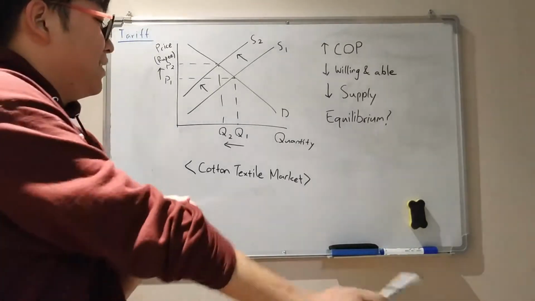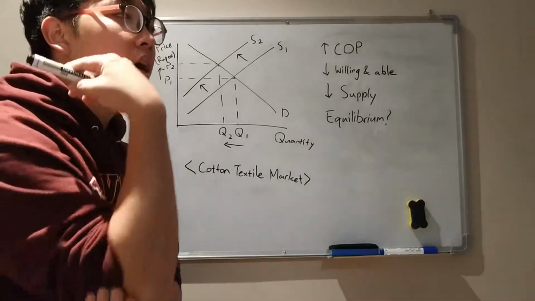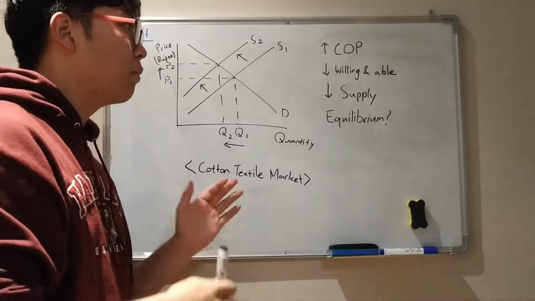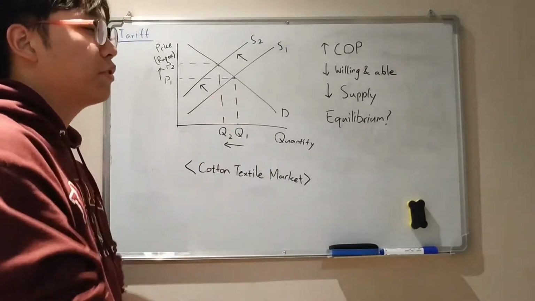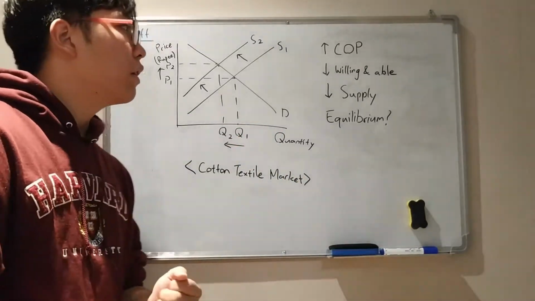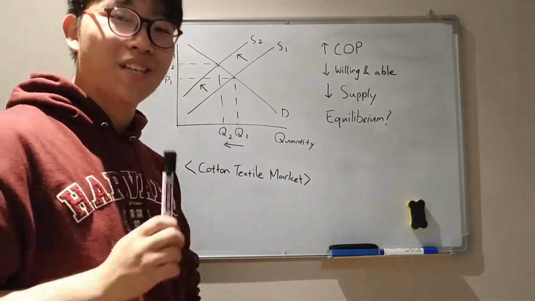Alright. So moving on to the actual explanation of why the market for the cotton textile industry actually has a shift to the left of supply. All right, so you would first start off talking about how the cost of production actually increases.